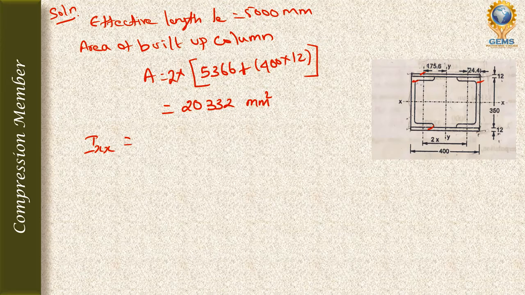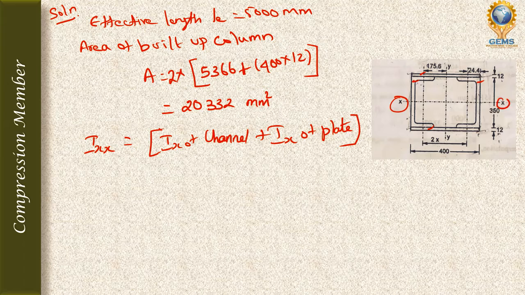IXX formula is Ix of channel plus Ix of plate. So in the x-axis, how many channels and plates are there? Two channels and two plates, so 2 times.